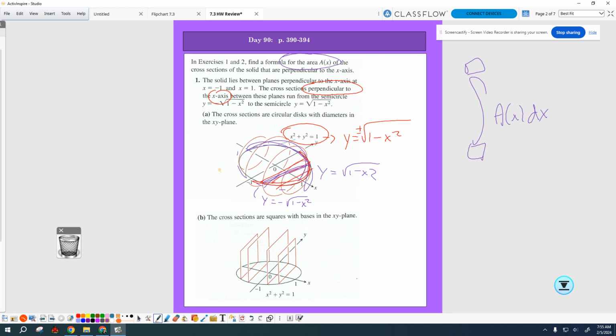This is a circle, so the bounds were -1 to 1, whether you're doing it with respect to x or with respect to y. It would be easier if you just doubled it and integrated from 0 to 1, because it's symmetric. They didn't actually ask you to do the integration, they just wanted you to find area formulas. Were there questions on that?